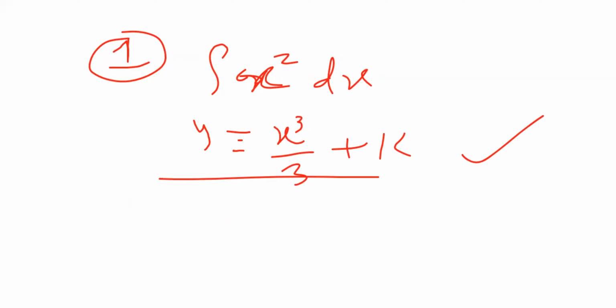Solving it will be y equal to: power 2 will be increased by 1, which is now 3, and you divide by 3, and you attach k. Some can even use c, it doesn't matter. What matters is a constant attached to it. That's the answer to question 1.